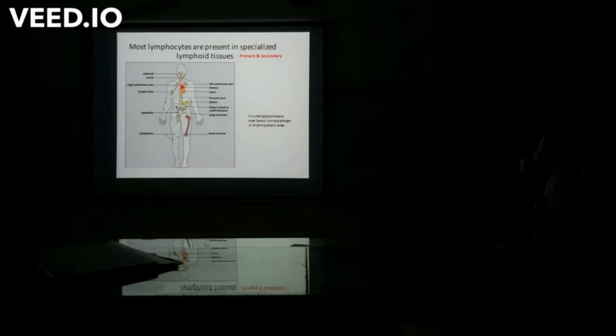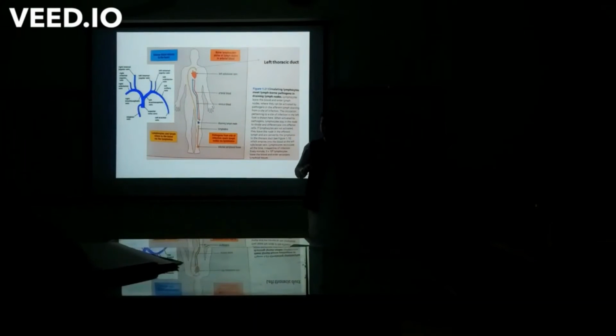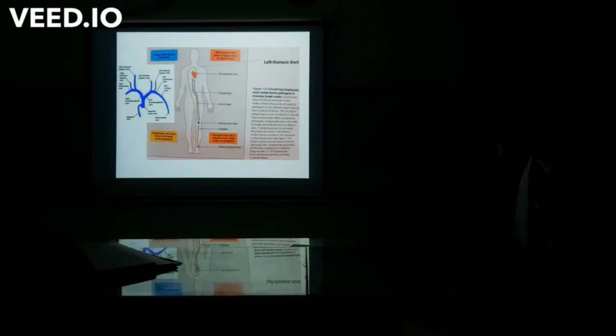Then from the blood, these lymphocytes are transported into the lymph, or the lymphatic system. This is the system where these lymphocytes are going to learn how to become effector cells, or how to do their proper job for which these lymphocytes are synthesized in the body.